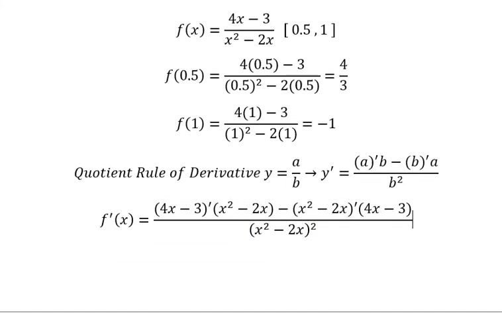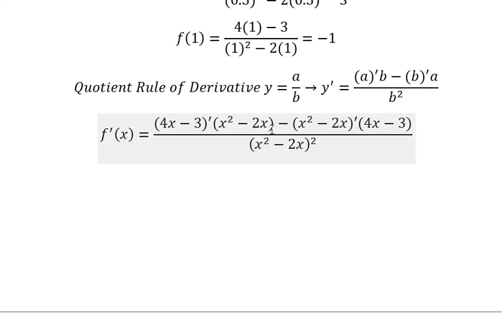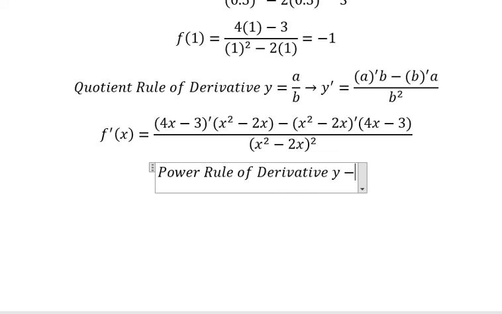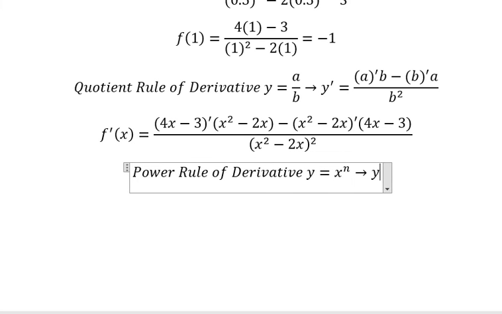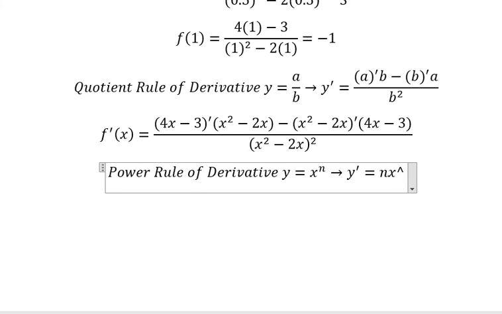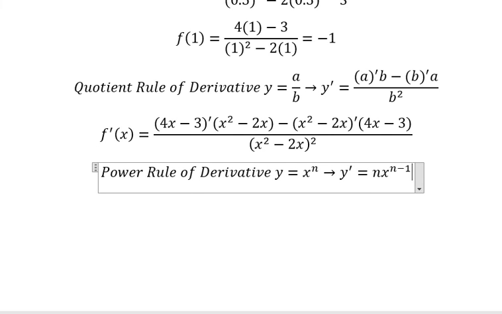Next, we can apply the power rule of the derivative. So we have y equals s to the power of n. So if we do first the derivative of this one, we have n s to the power of n minus 1.